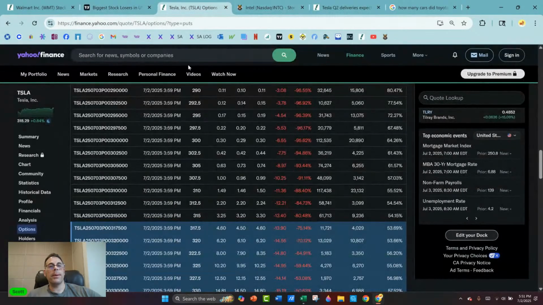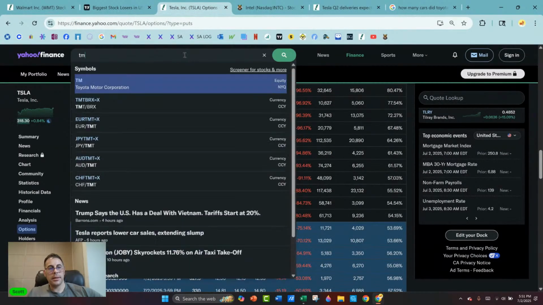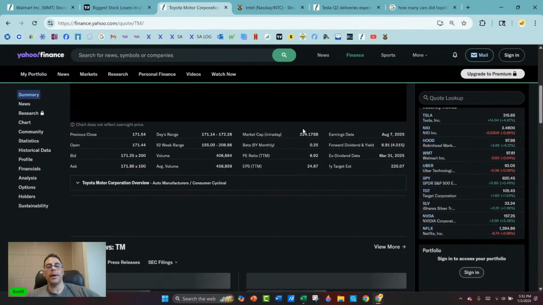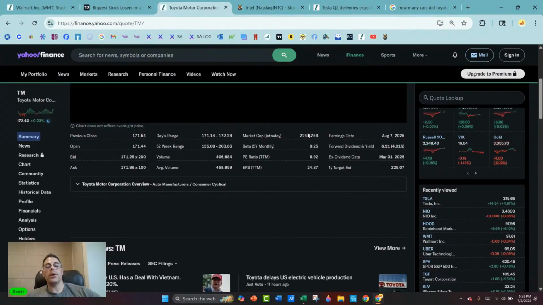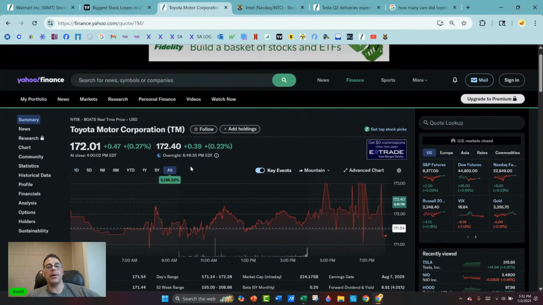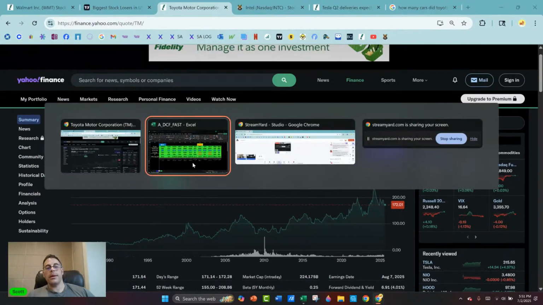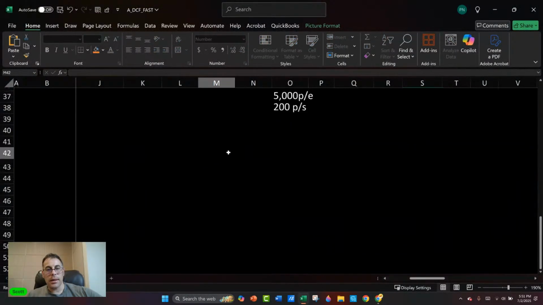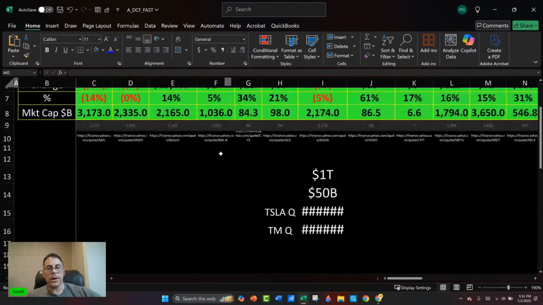because the best car company is Toyota, and 224 billion market cap. So Toyota is 25% of the size, but they sell, how many more cars do they sell? Where's that chart I had?